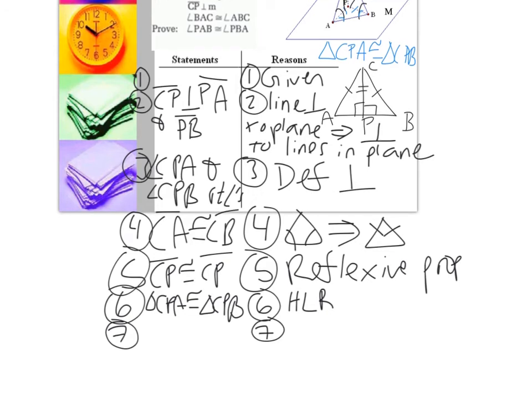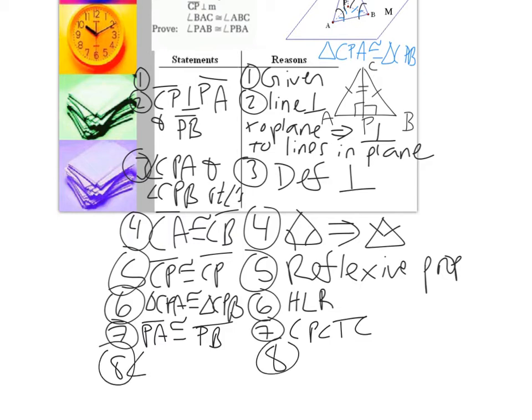So PA is congruent to PB by CPCTC, and then finally, my proof: angle PAB is congruent to angle PBA by if sides then angles. Lovely.